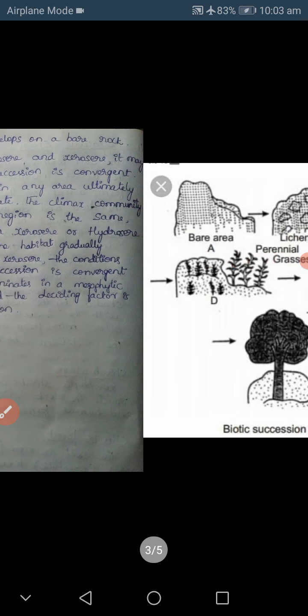That always culminates in a mesophytic forest or grassland, and the deciding factor is the climate of the region.